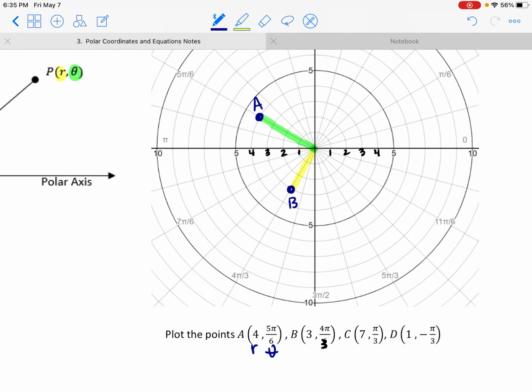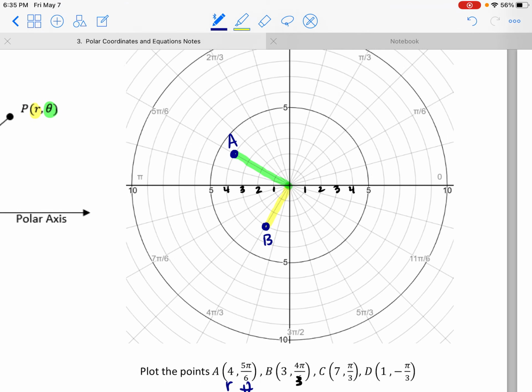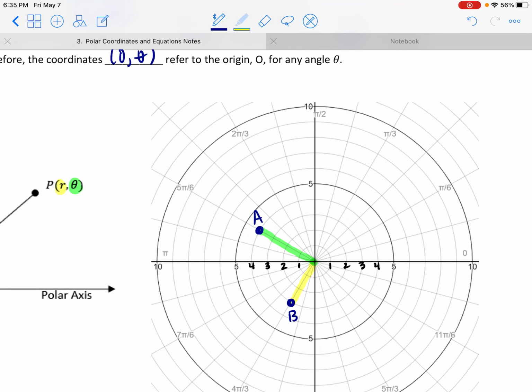That's an angle of 4 pi over 3 and a radius length of 3. And then C is at pi over 3 with a radius length of 7. So pi over 3 is this angle here, but we want to have a radius length of 7. So 1, 2, 3, 4, 5, 6, 7 puts point C right there.